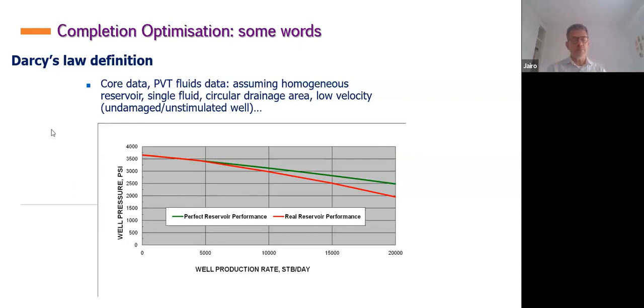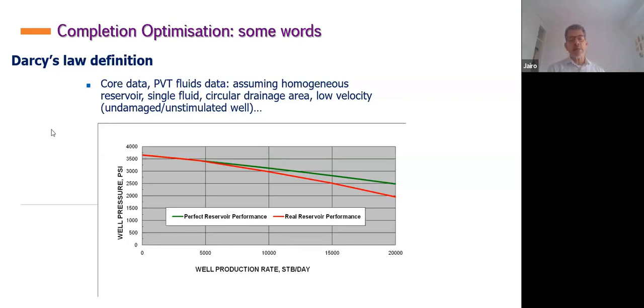In the beginning, reservoir engineers took the core data, PVT fluids, assuming homogeneous reservoir, single fluid, circular drainage, low velocity, no damage, no stimulation. And then they calculated the performance using Darcy's equation, and they defined right here the green curve.